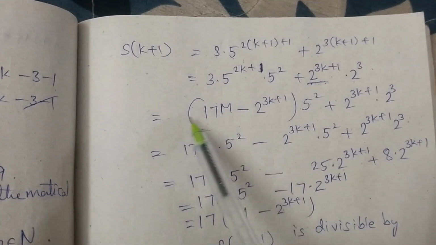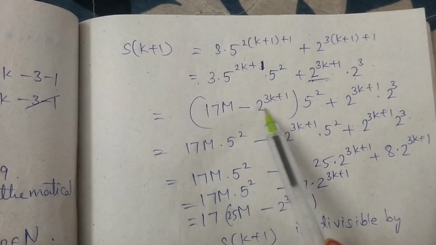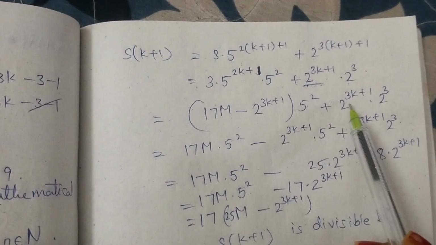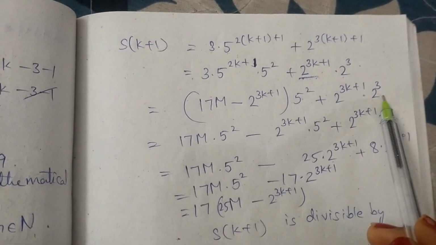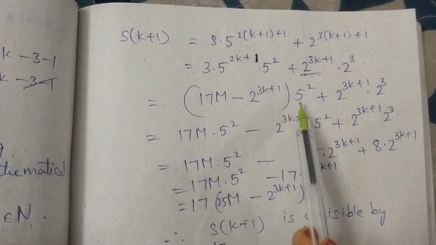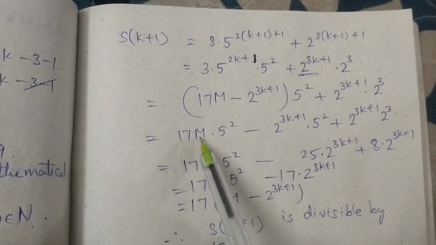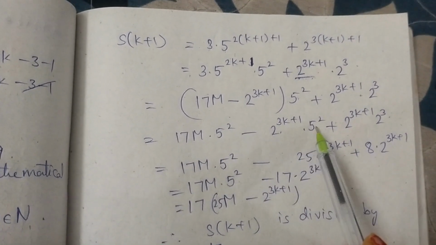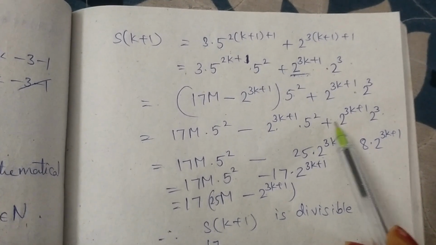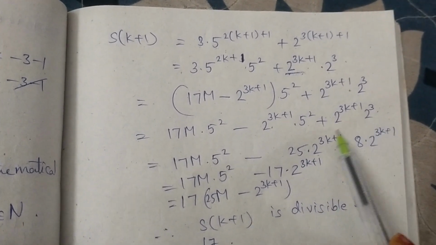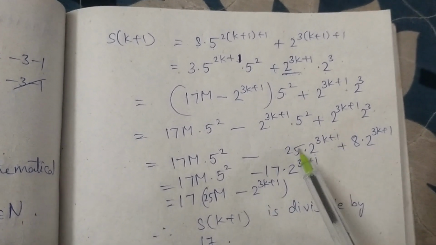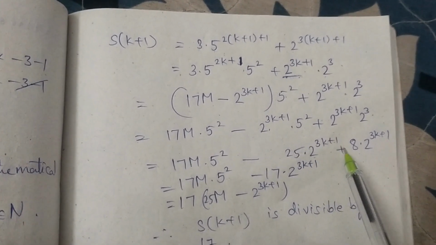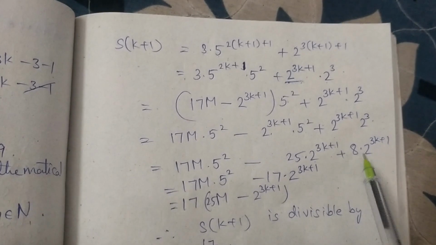Which is equal to 17m minus 2 power 3k plus 1 into 5 square plus 2 power 3k plus 1 into 2 cube. So now simplifying it, simply multiplying it. So 17m into 5 square minus 2 power 3k plus 1 into 5 square plus 2 power 3k plus 1 into 2 cube. 5 square is 25. 25 into 2 power 3k plus 1 plus 8 into 2 power 3k plus 1.